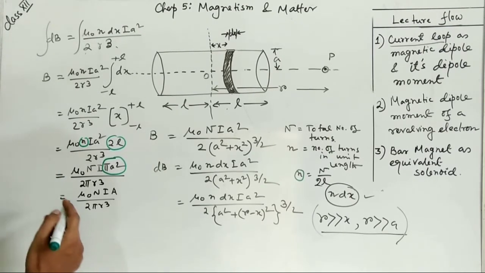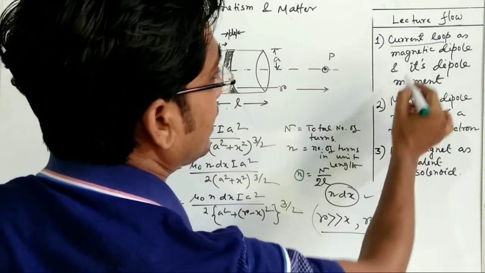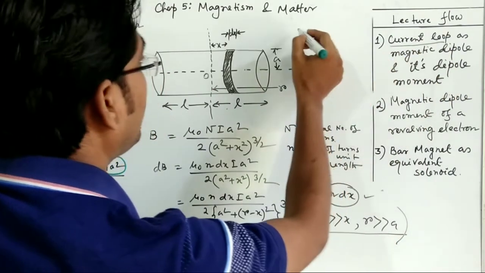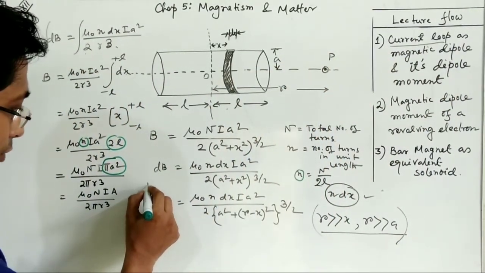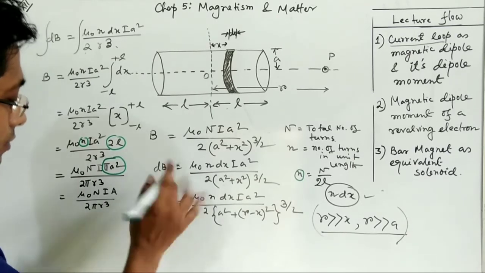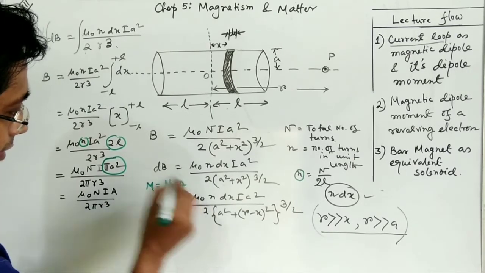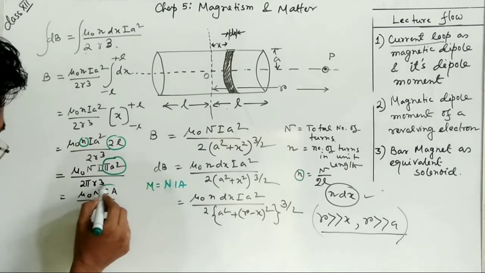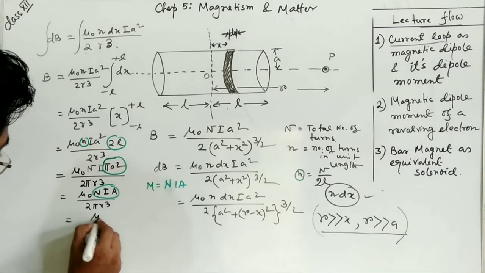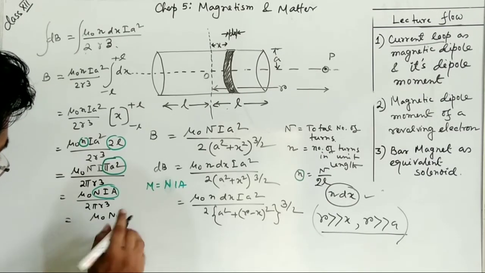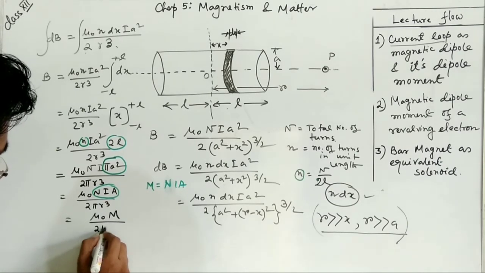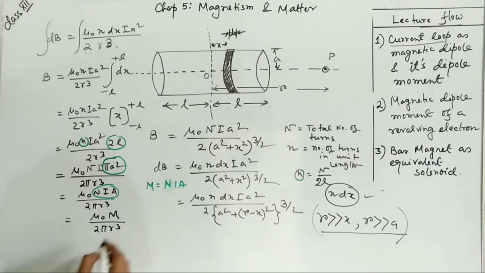From a few minutes ago we have found out the magnetic dipole moment due to a current loop: m is equal to N I A. So instead of NIA we can write here mu 0 m by 2 pi r cube.